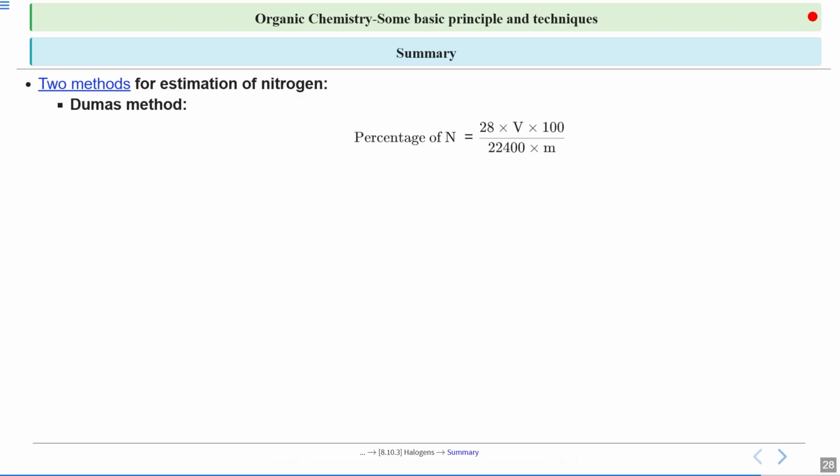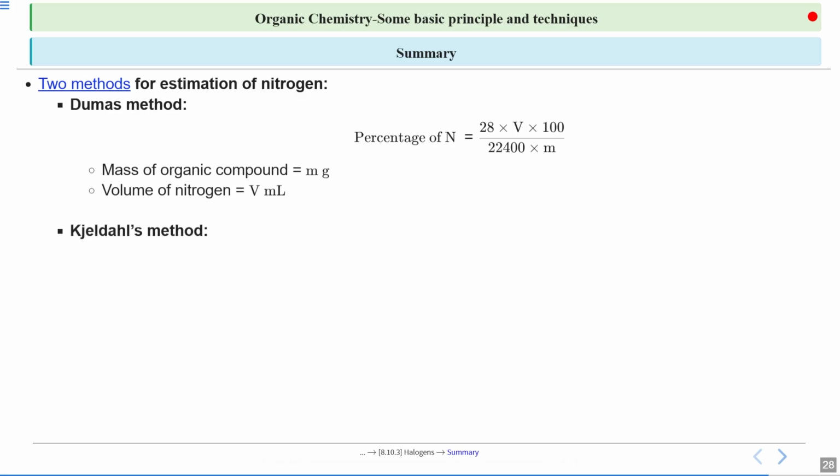V is the volume of nitrogen gas and m is the mass of organic compound. So m is simply the mass of the organic compound you started with, in grams. V represents the volume of nitrogen that was collected, measured in milliliters.